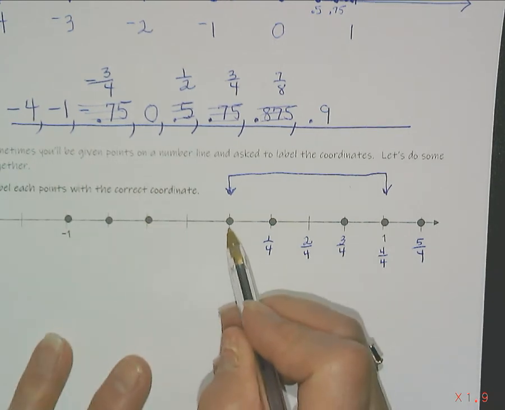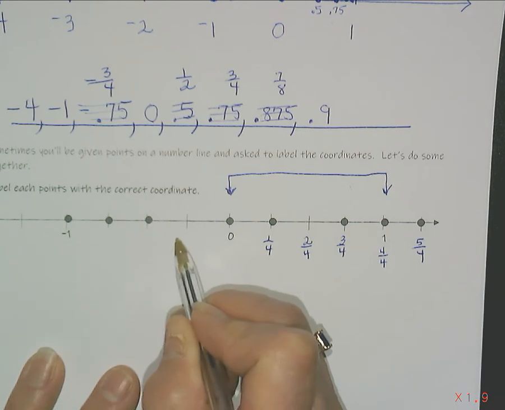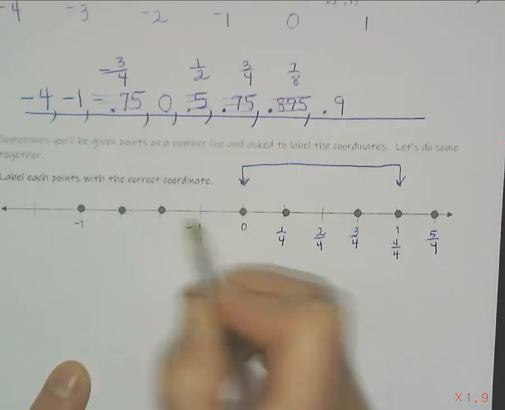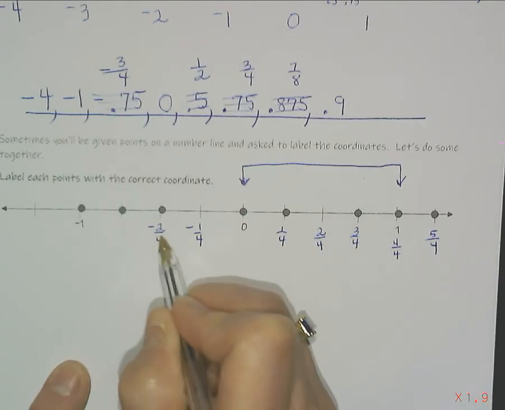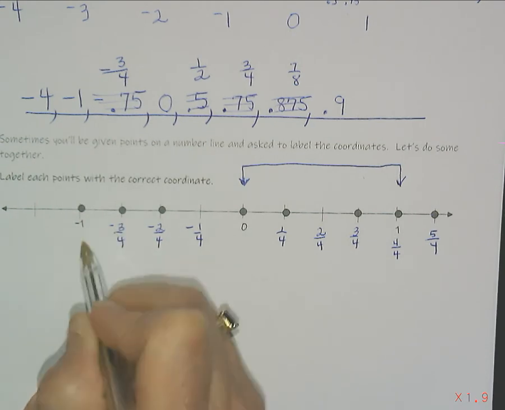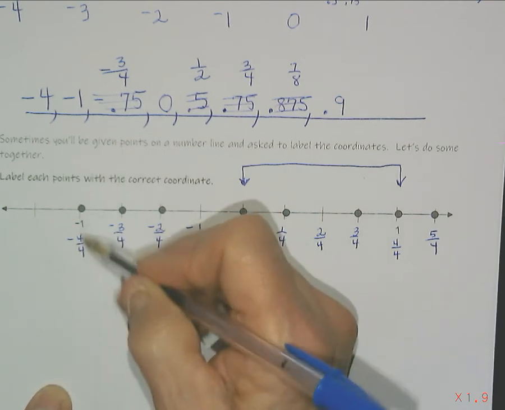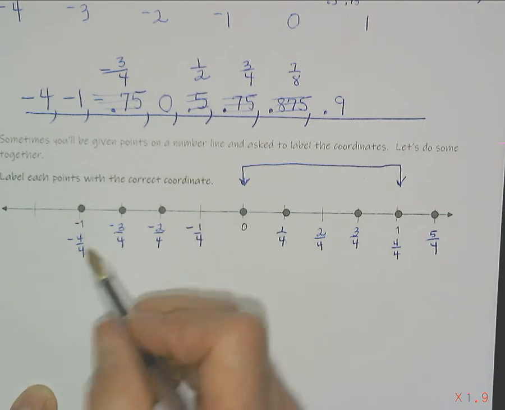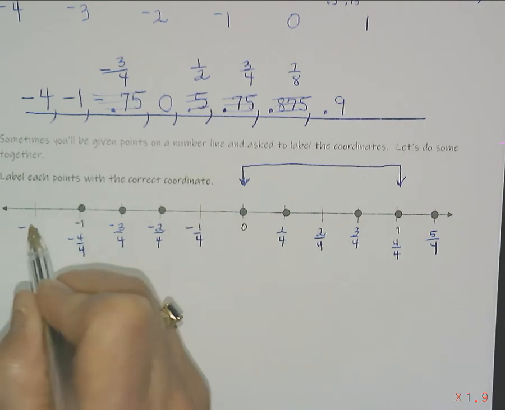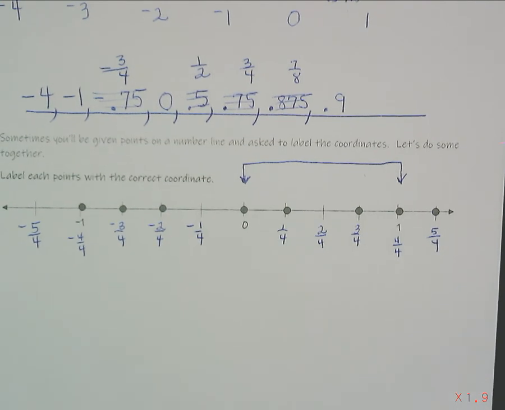So when I go to the left, this is what fractional part? -1 out of 4, -2 out of 4, -3 out of 4, -4 out of 4. Does that make sense that your -1 is also called -4/4? And then -5 out of 4. So do you understand why it's fourths and not the tenths?